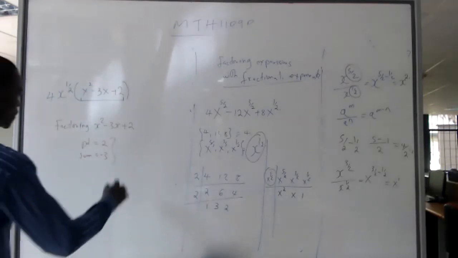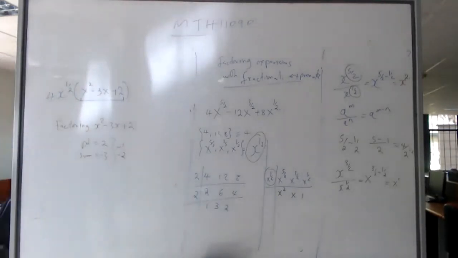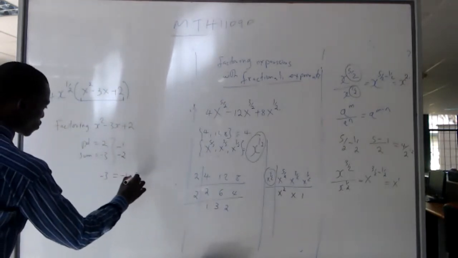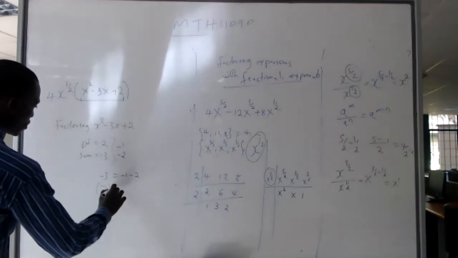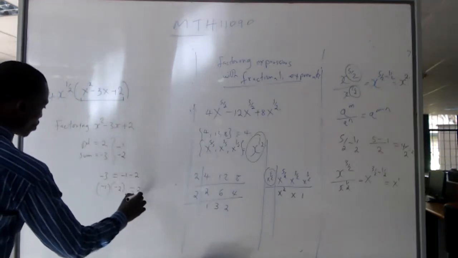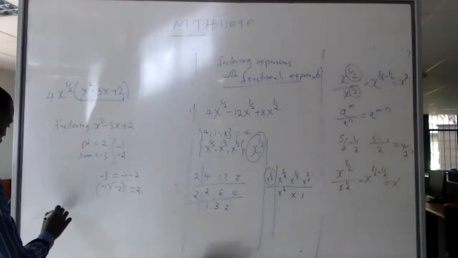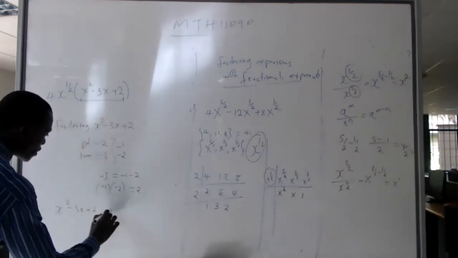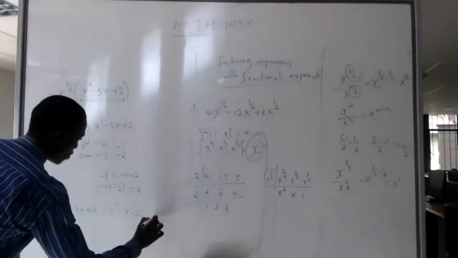So if I take -1 and -2, I can write -3 as -1 minus 2. The product, -1 times -2, is 2. So that means we can write x squared minus 3x plus 2 as x squared minus x minus 2x plus 2.